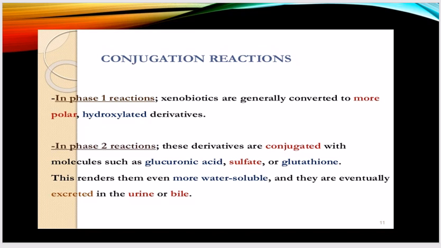In most cases, conjugation makes compounds non-toxic and easily excretable. These derivatives are conjugated with molecules such as glucuronic acid, sulfate or glutathione. This renders them even more water soluble and they are eventually excreted in the urine or bile.